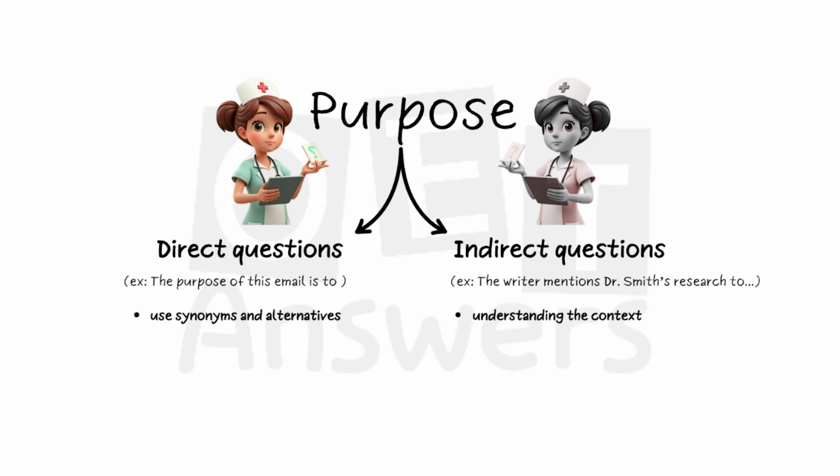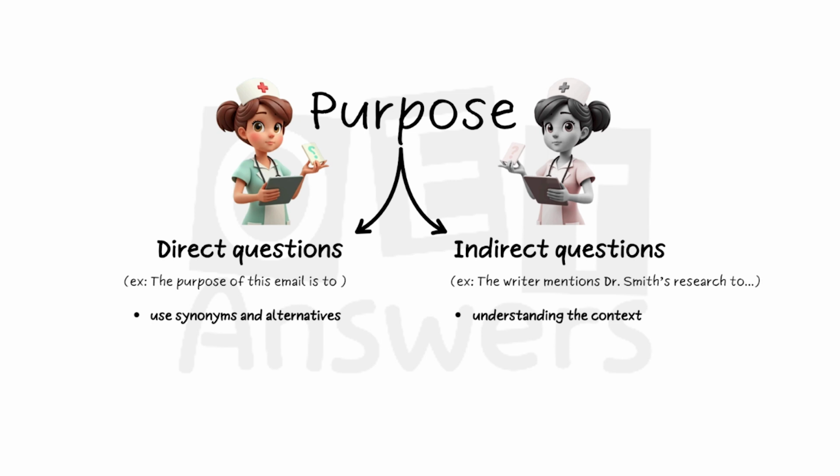Now coming to the indirect questions. For example, I have given, the writer mentions Dr. Smith's research too. So the writer mentions Smith's research to convey something, or intended to say something, or conclude something overall. While reading the question itself, we have to get the idea that this is purpose based only.